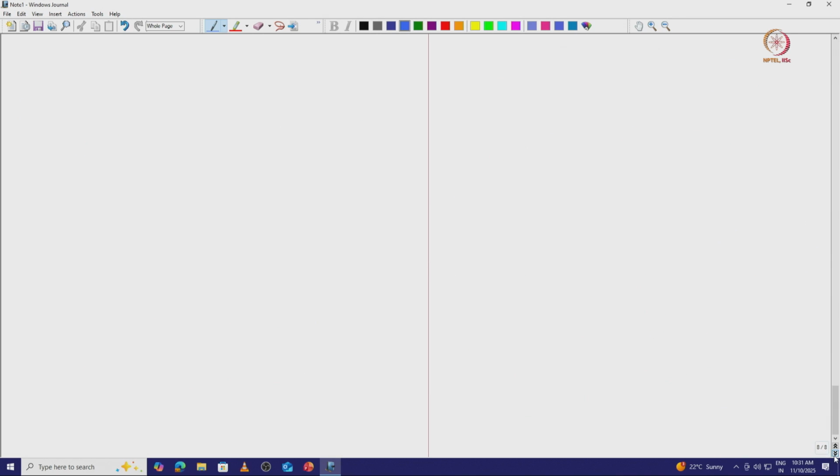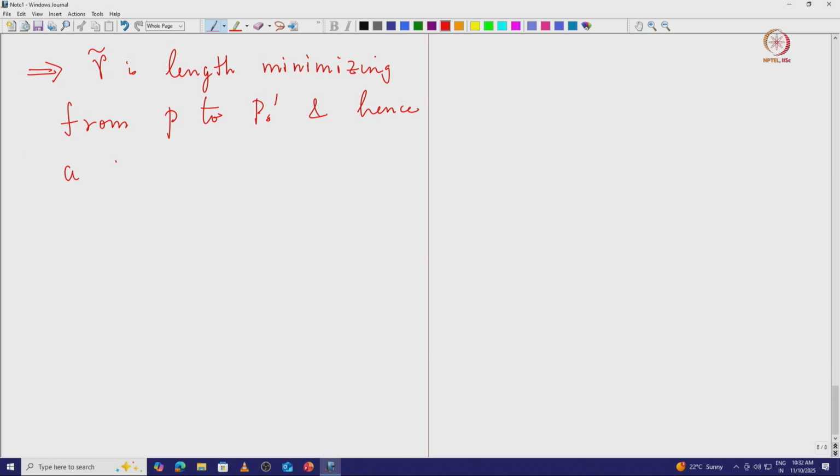So, this implies that gamma tilde is length minimizing from p to p naught prime, and hence a geodesic by our consequence of the first variation formula, and hence in particular it has to be a smooth curve.